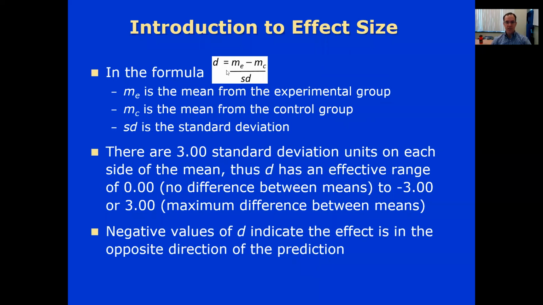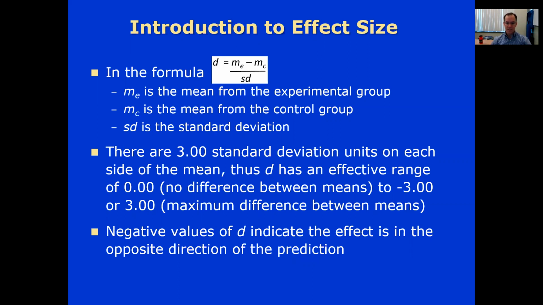Here's the formula again, and you have the M lowercase e, the mean from the experimental group, minus the M lowercase c, the mean from the control group, and then you would divide that result by the standard deviation. There are three standard deviation units on each side of the mean.